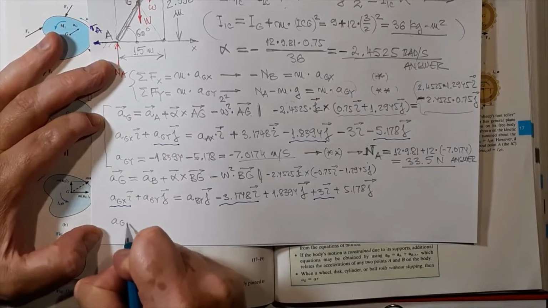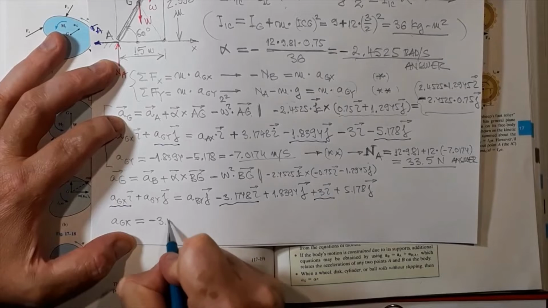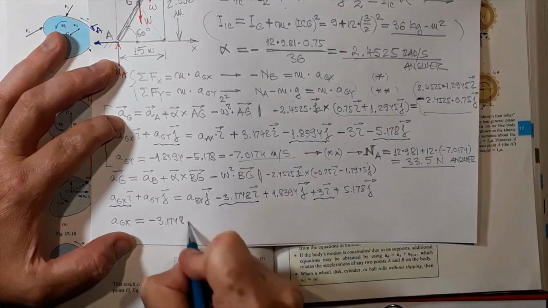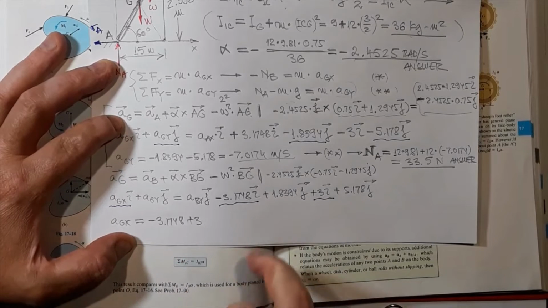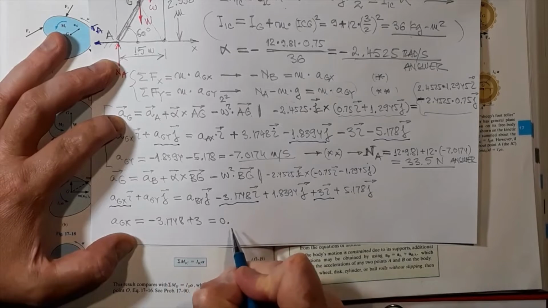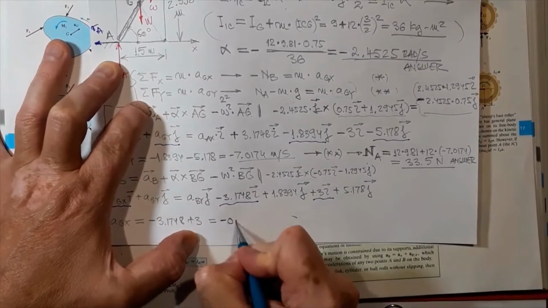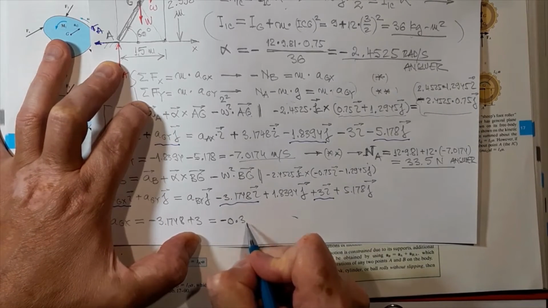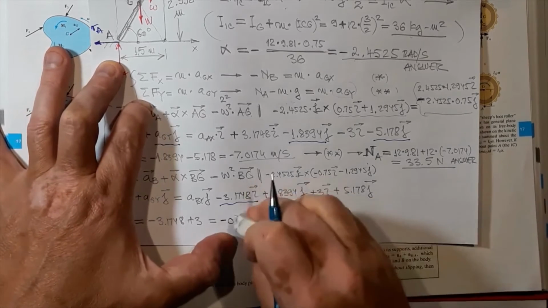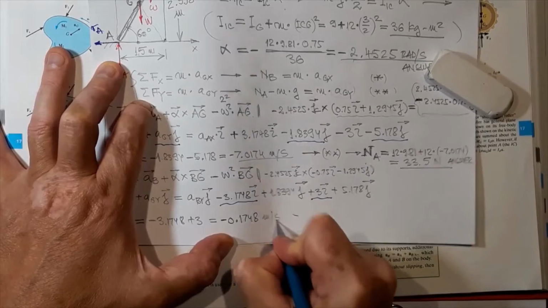Acceleration of G in x is going to be negative 3.1748 plus 3, and that's about it. So this is equal to negative 0.1748 meters per second squared.